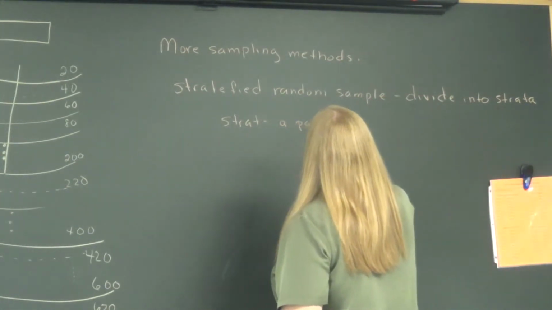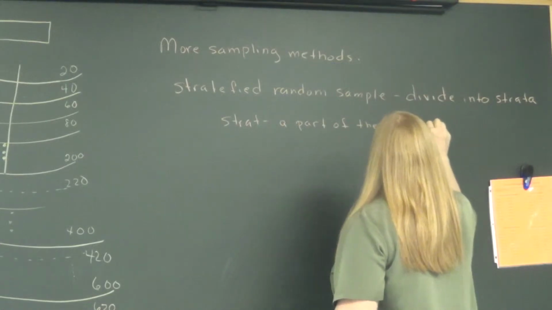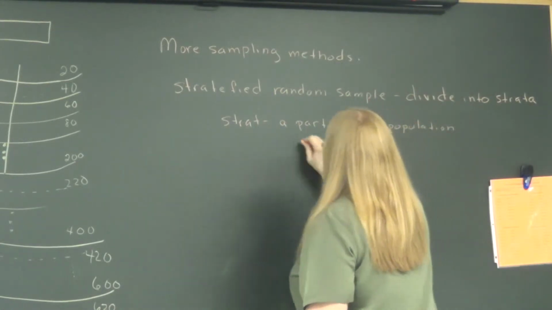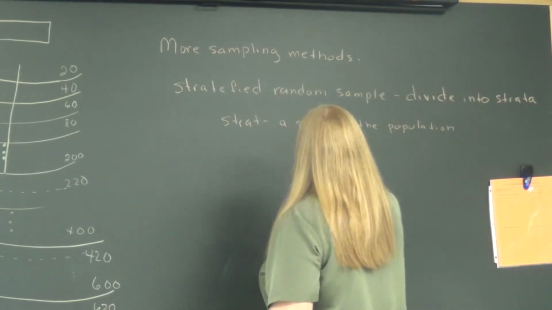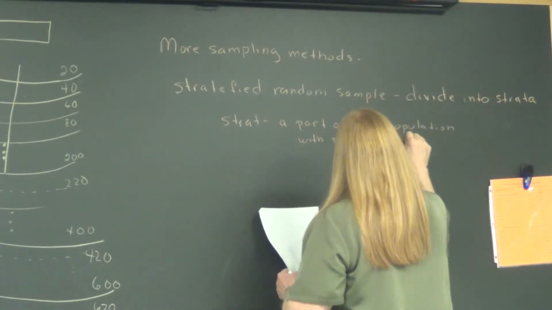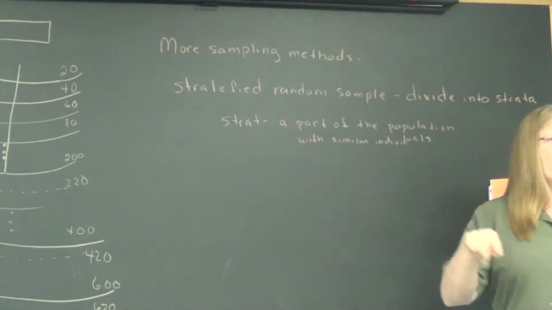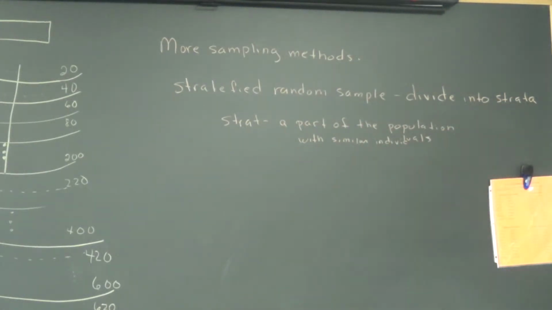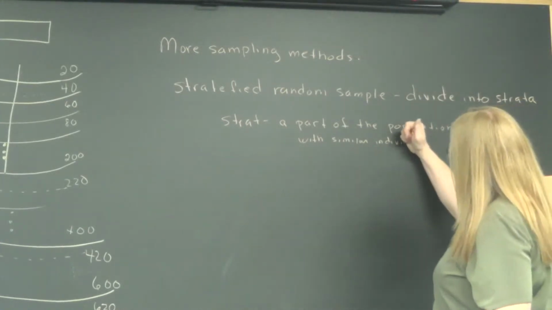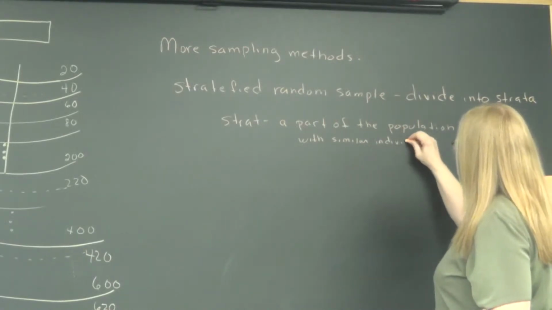So we'll say a part of the population with similar individuals. The individuals in one strata are more like each other than they are like the members in the next strata. So let's look at an example.